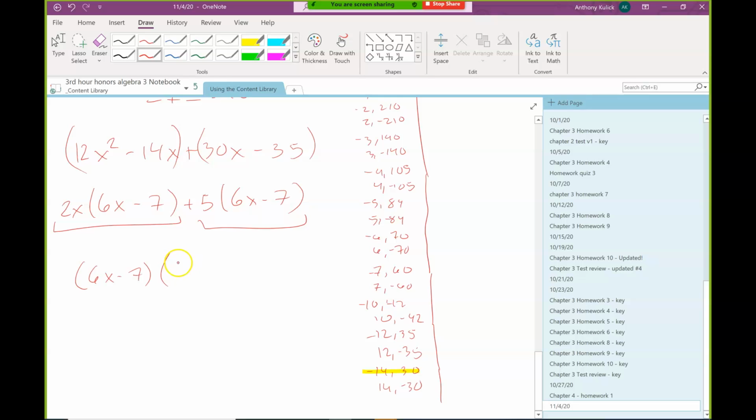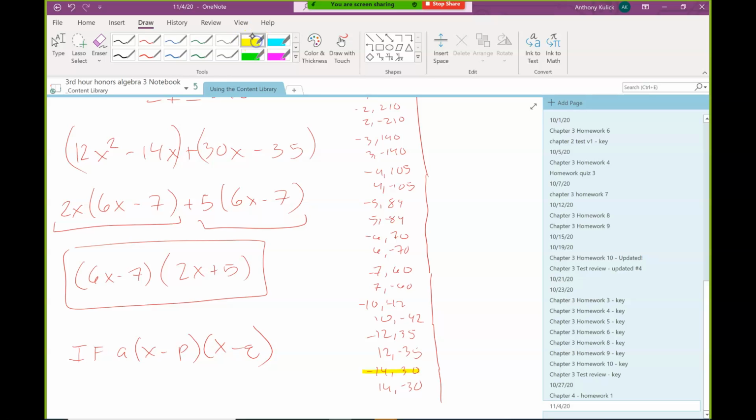Now keep in mind that this is not technically in intercept form. This is factored. Why is this not in intercept form? Remember, the coefficient on x is 1 in intercept form. What's our leading coefficient over here? 6 and 2.